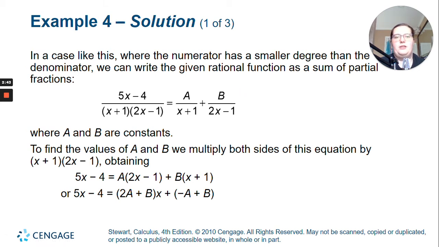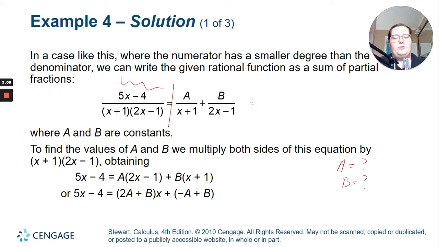So once I split the fractions, my ultimate goal here is to find what A is and what B is. So we split up the fractions, now let's put them back together and see what we get. I'm going to ignore everything over here. What happens if I put these back together? If I put two fractions back together, you've got to multiply the denominators.